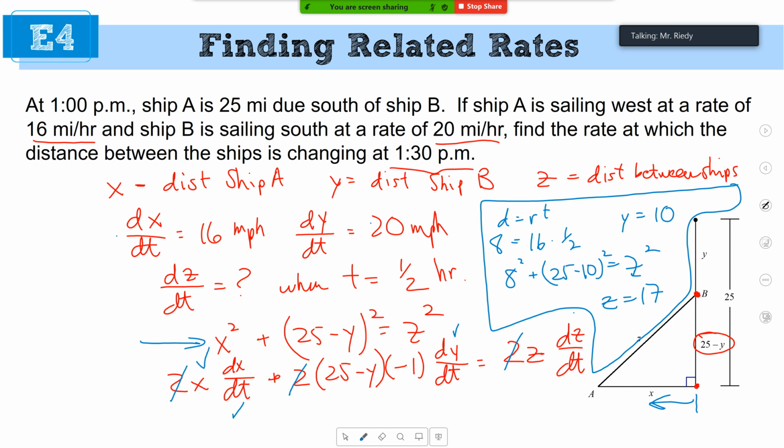Now I know what x is. Now I know what y is. Now I know what z is, and therefore we can plug and chug. Running out of room, but I think I can squeeze it in there. 8, well, that's an 8. 8 times 16 plus 25 minus 10 times negative 1 times 20 equals 17 times dz/dt.